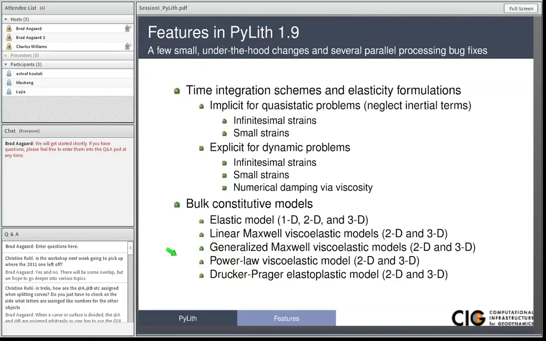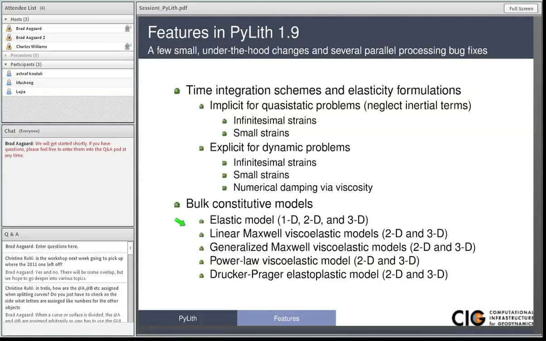PyLith can handle different time integration schemes and elastic formulations for implicit or quasi-static problems where we neglect the inertial terms. PyLith has formulations for both infinitesimal strains as well as small strains. For explicit dynamic problems, it can handle infinitesimal strains and small strains, and its formulation also includes numerical damping via a pseudo-viscosity term that cuts down the very high frequencies that the mesh cannot resolve. That's primarily for spontaneous rupture problems.